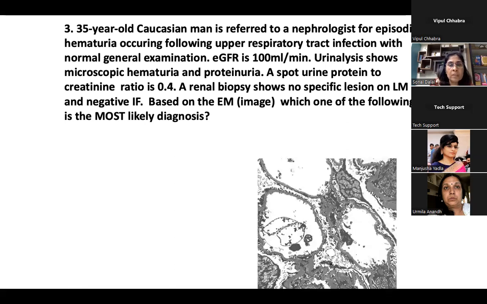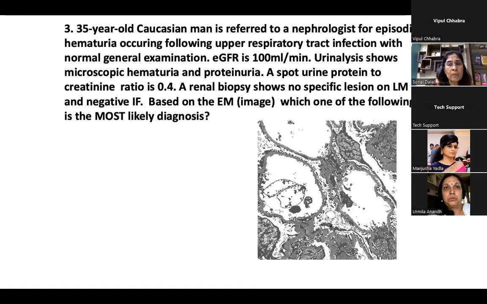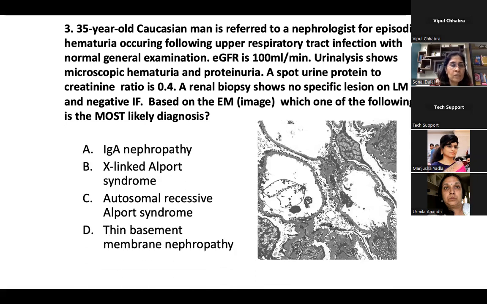Based on this electron microscopy image, which one of the following is the most likely diagnosis? IgA nephropathy, Alport syndrome, autosomal recessive Alport syndrome, and thin basement membrane disease. Option B is X-linked and option C is autosomal recessive.